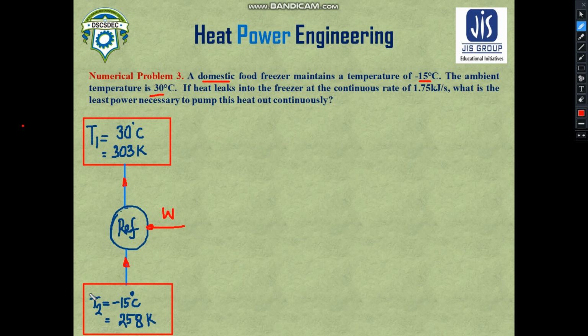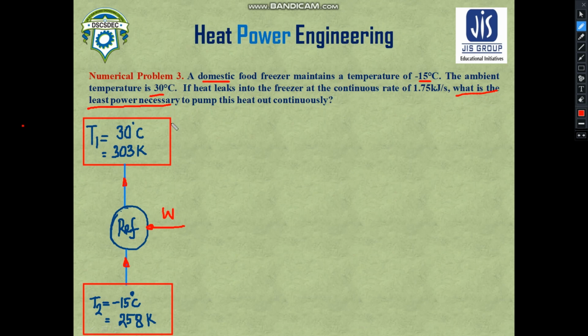So the refrigerator should always reject this heat which is coming from the ambient. The refrigerator must transfer this heat out continuously, so that the cold space remains at minus 15 degrees Celsius. Now the question is, what is the least power necessary?